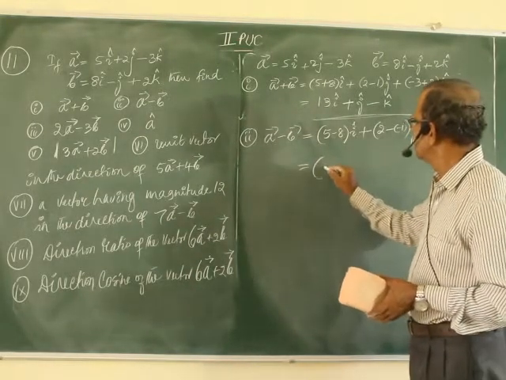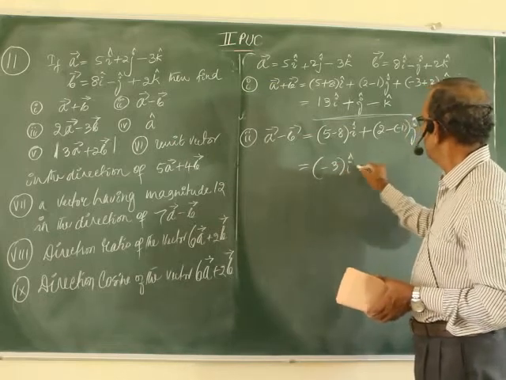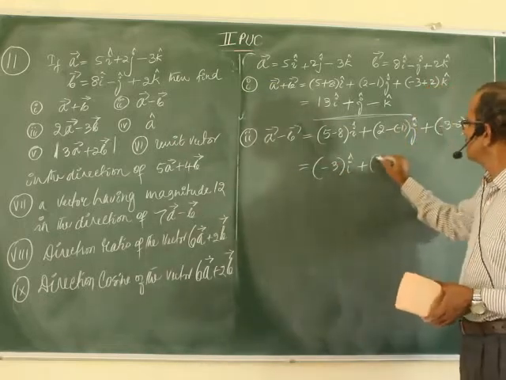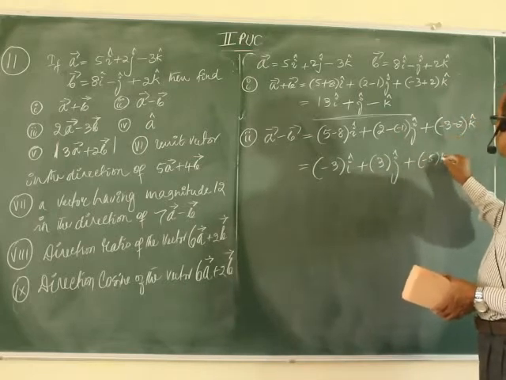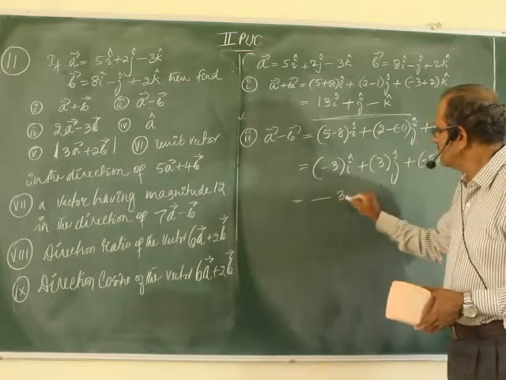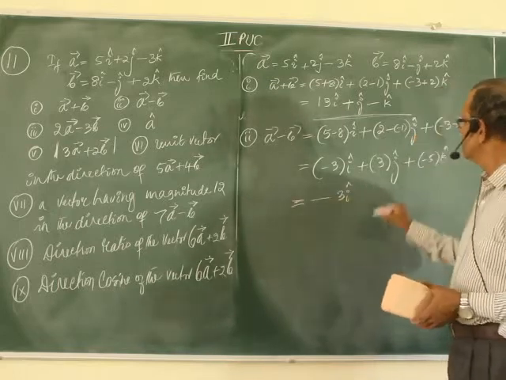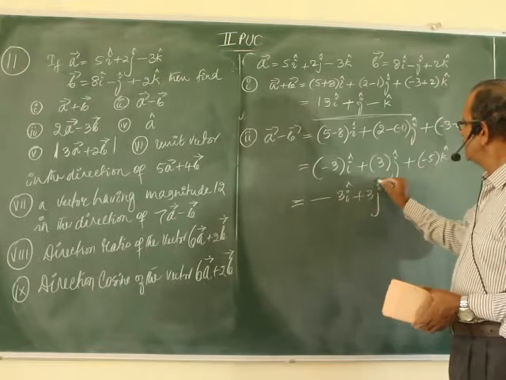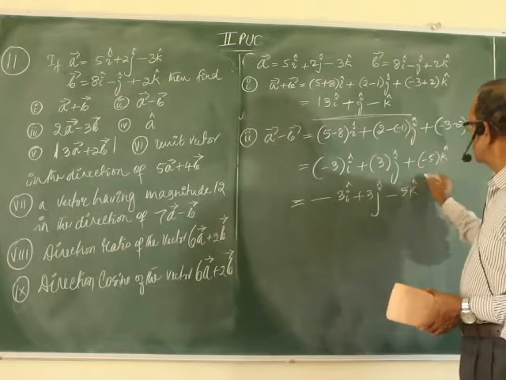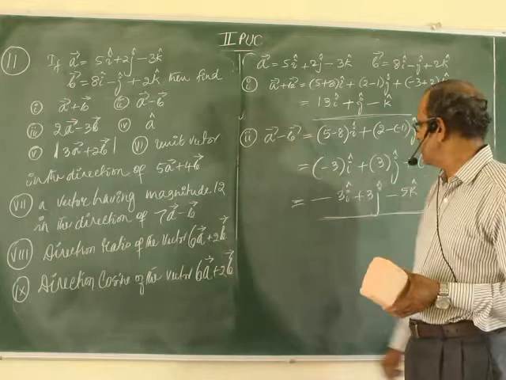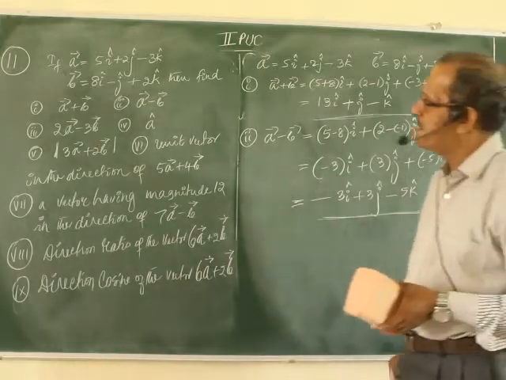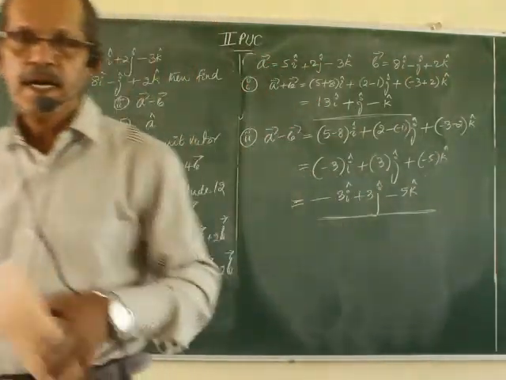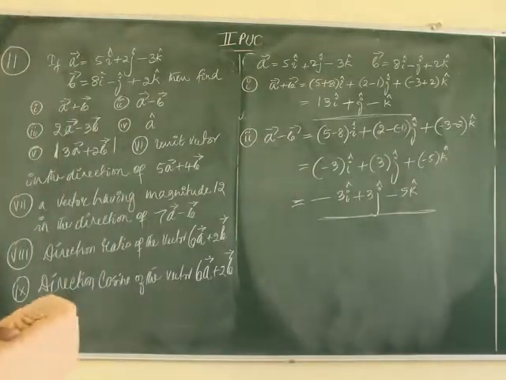Answer is minus 3i plus 3j minus 5k. This is a minus b. a plus b over, a minus b also over.